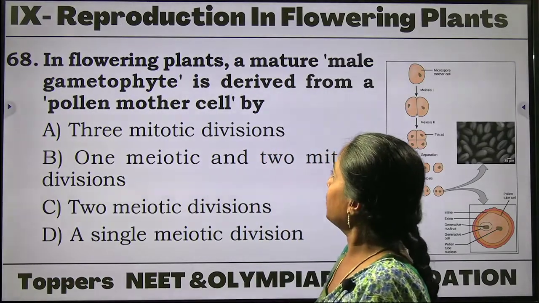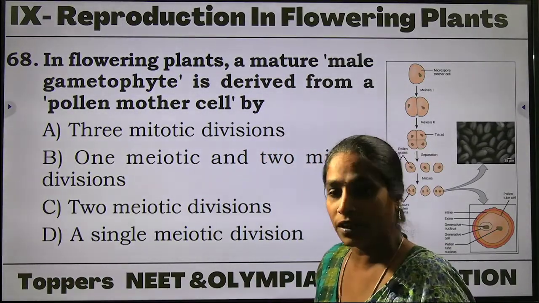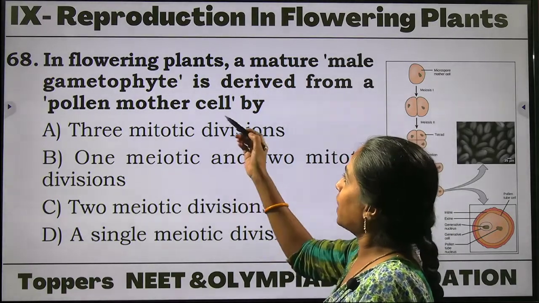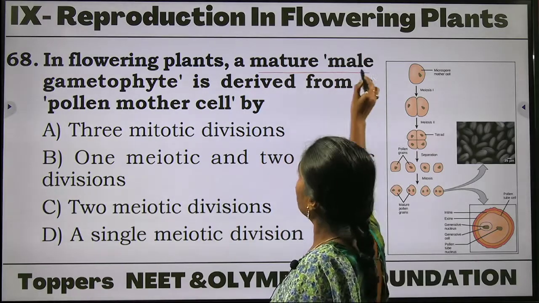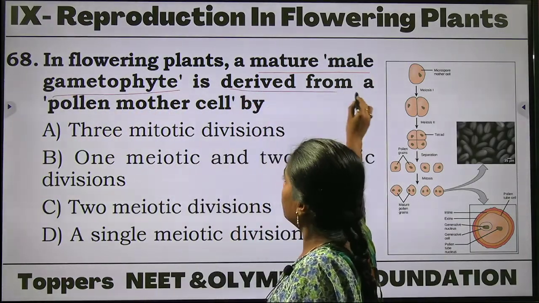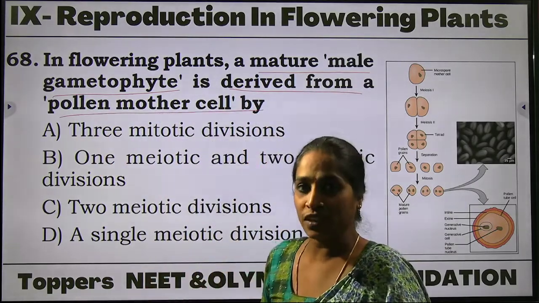In flowering plants, a mature male gametophyte is derived from a pollen mother cell by which kind of cell division, he is asking.